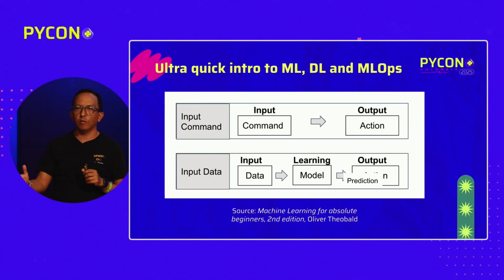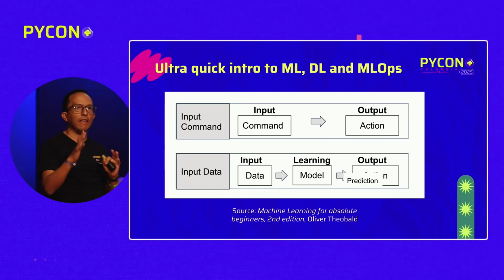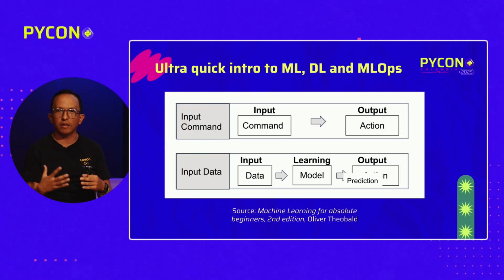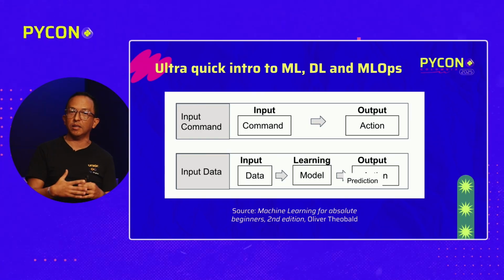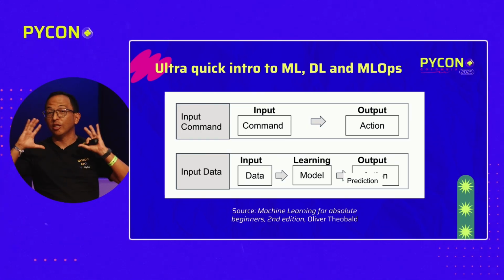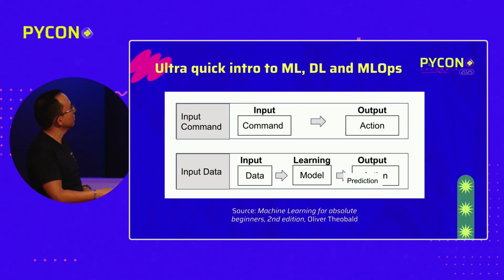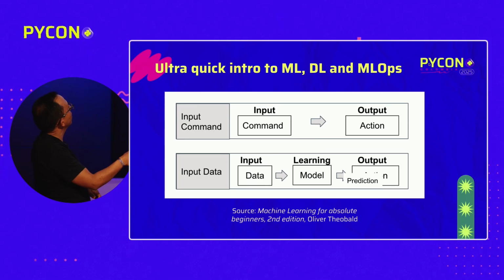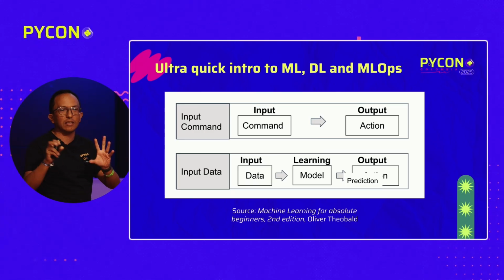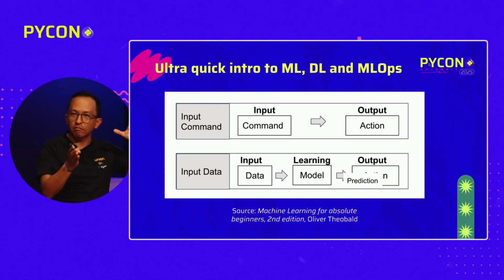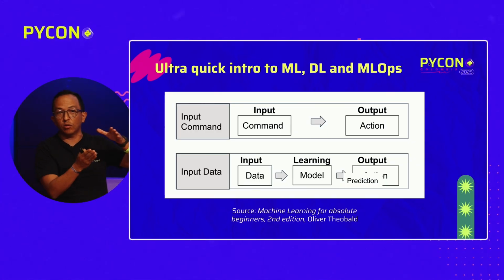What is ML? What is machine learning? I think the best way to understand this is to see the difference between an ML application and a regular software engineering application. On top, you will see the structure of a traditional app. You have an input that is a set of instructions.